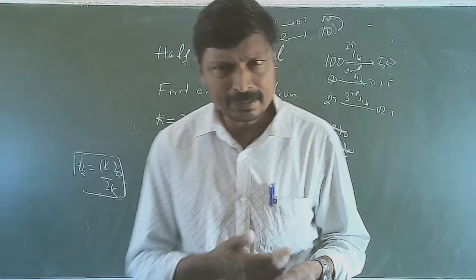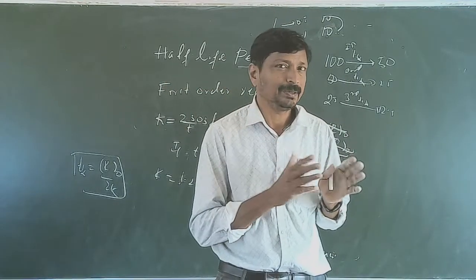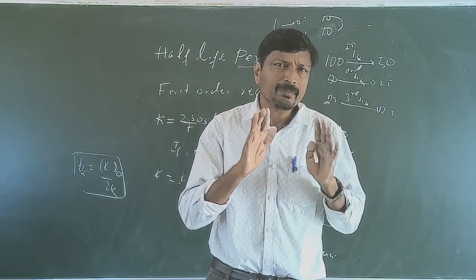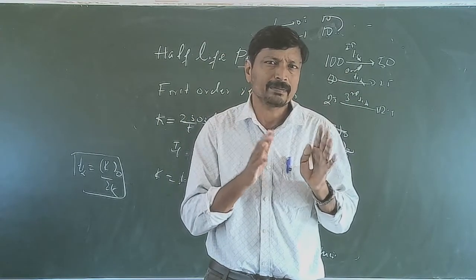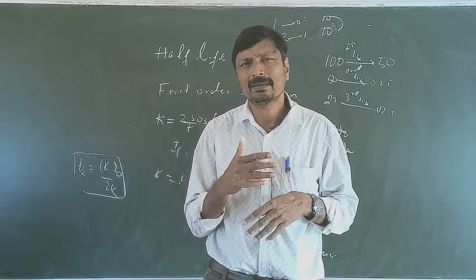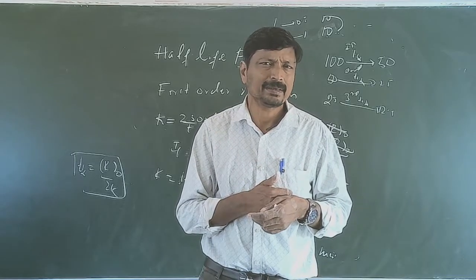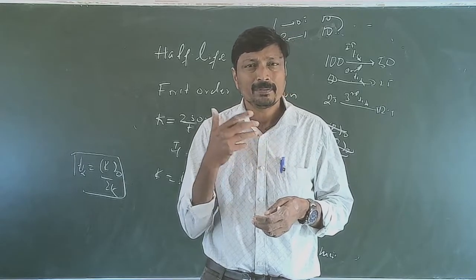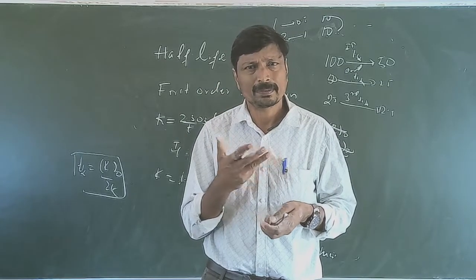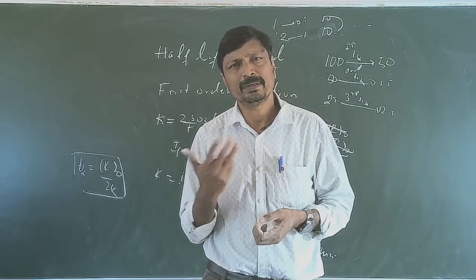If the half life period is given, you are asked to calculate the rate constant, but you have to write the unit. Remember, there is no need to convert into seconds, because in chemistry we are not only looking at results in SI units. Any unit is okay, but you have to write the answer in the unit that is provided. If the time is given in minutes, the rate constant should be per minute.